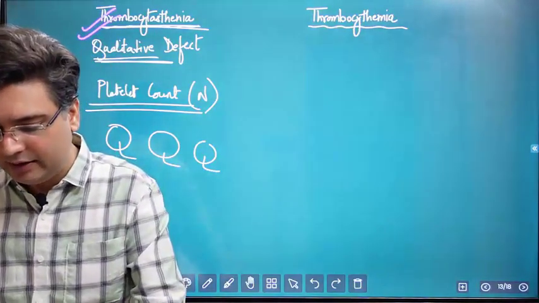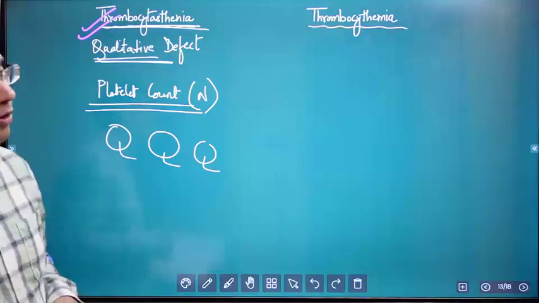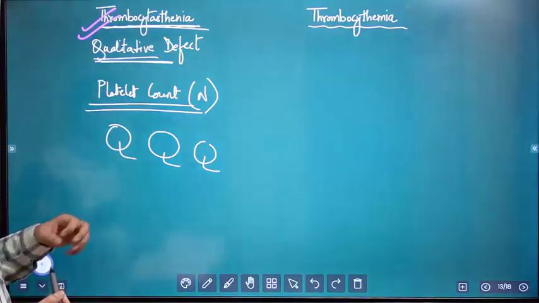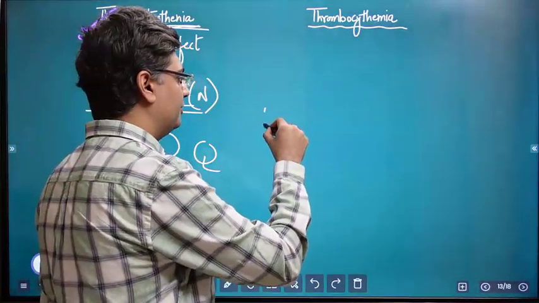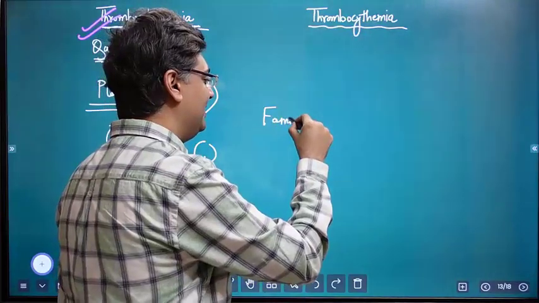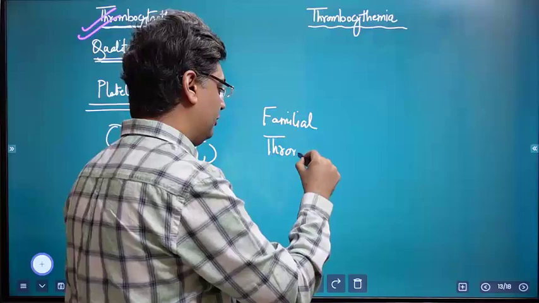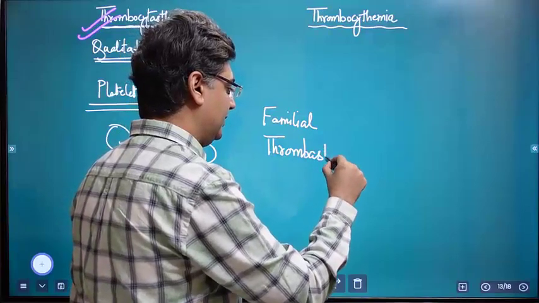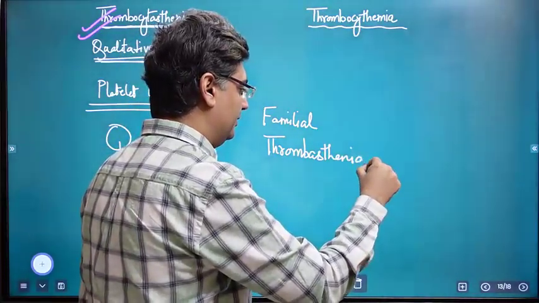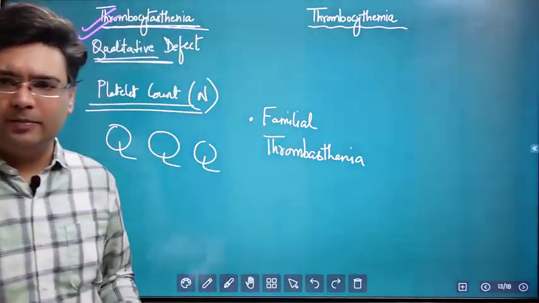Within this, we can have another condition which is called familial thrombasthenia. This is another condition when we are talking about platelets.